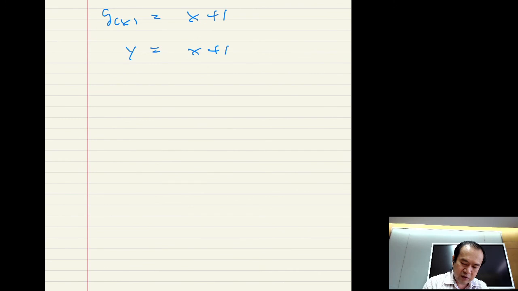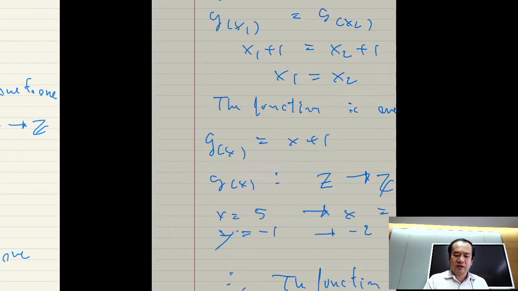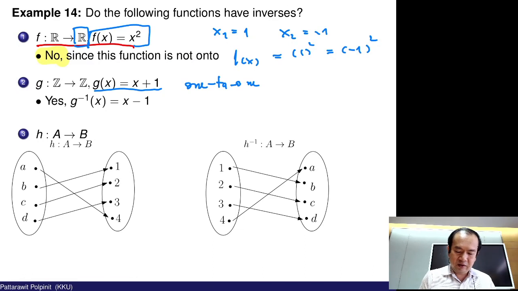Then you just substitute x by y, y by x. So x equal to y plus 1. So y will be equal to x minus 1, which means that g inverse of x will be equal to x minus 1. That's it. And then the answer here.